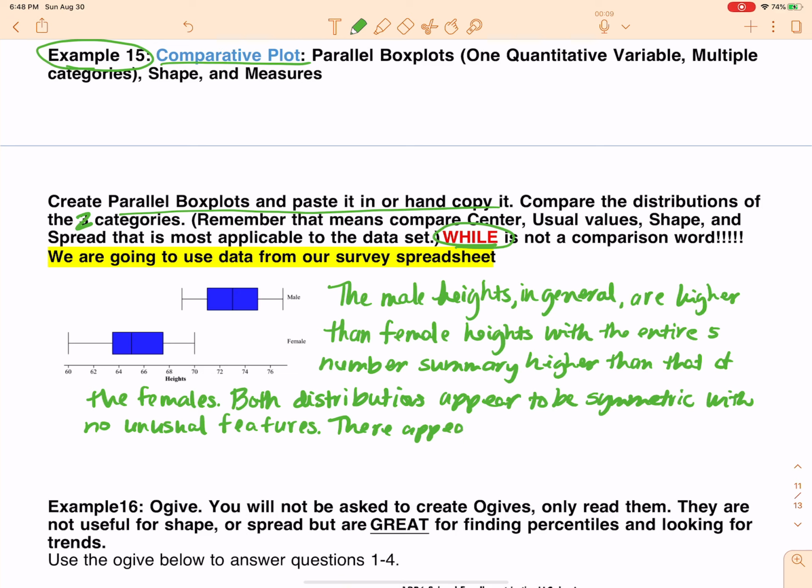There appears to be less variability in the male heights compared to females.